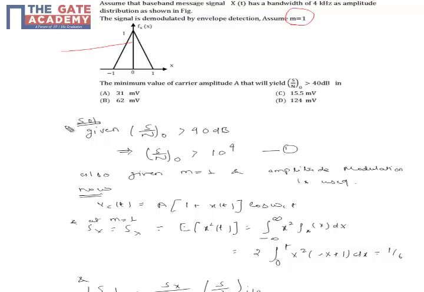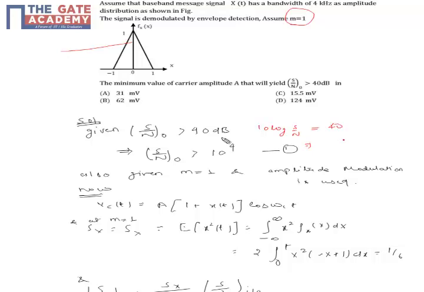Our solution is, we are having S by N at output greater than 40 dB. First we will convert this value into a constant integer value, which is done as follows. The dB value is given by 10 log S by N equal to 40.